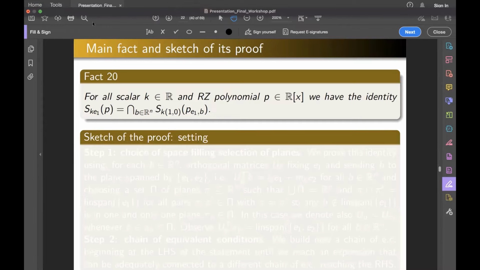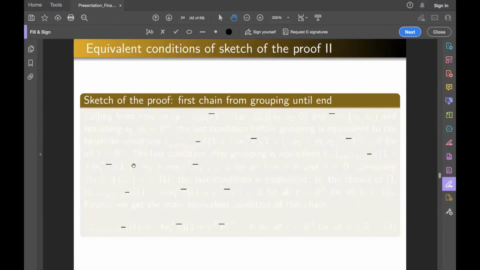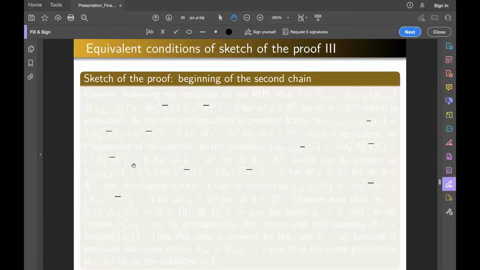Well, here there is a description of the proof. To prove this, what we do is to choose a selection of planes that we described before, and a transformation on each plane. And using this, we are able to produce a chain of equivalent conditions that you cannot see, but end up in this fact. Okay.